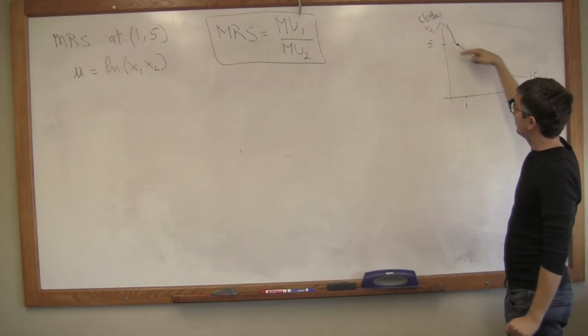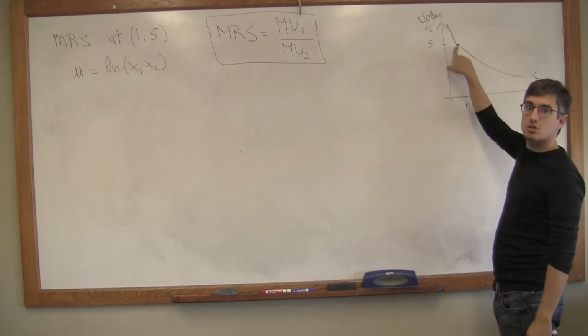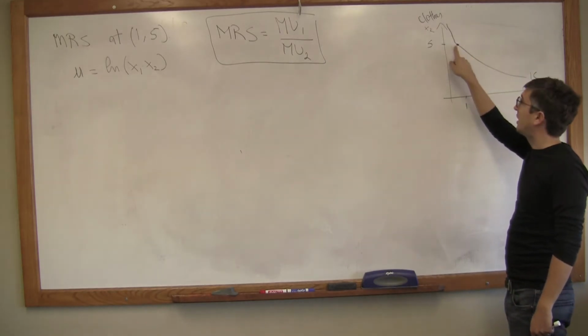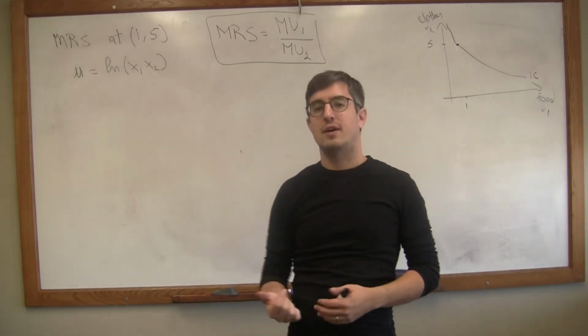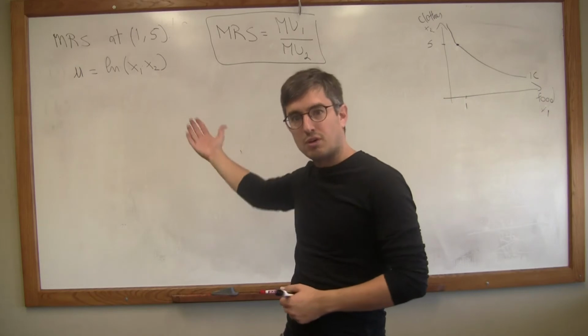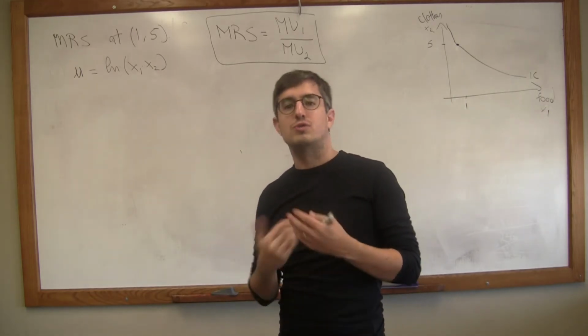We want to know the slope of this indifference curve at this point, and that will tell us the willingness of this individual to trade clothes for food.